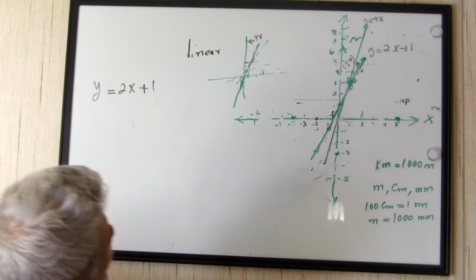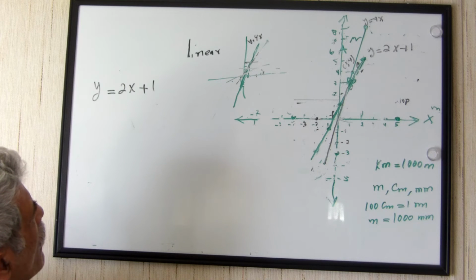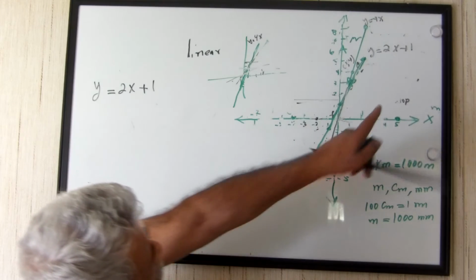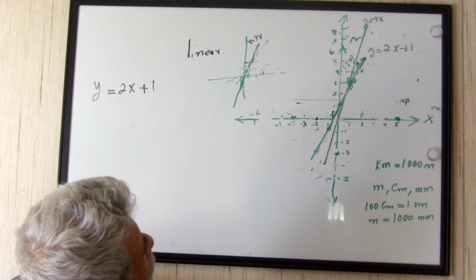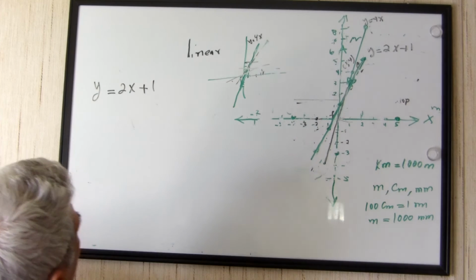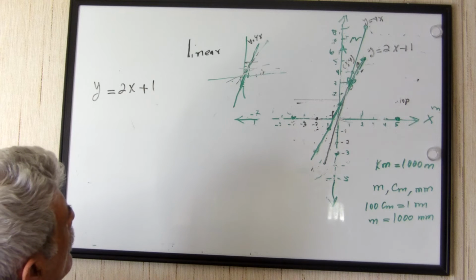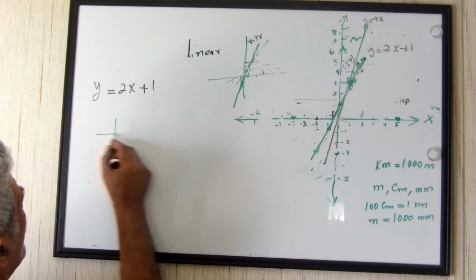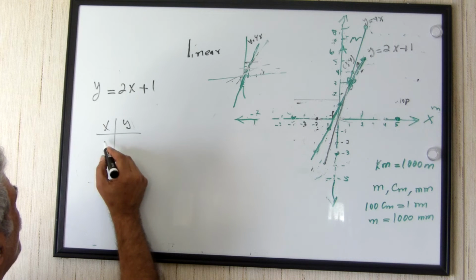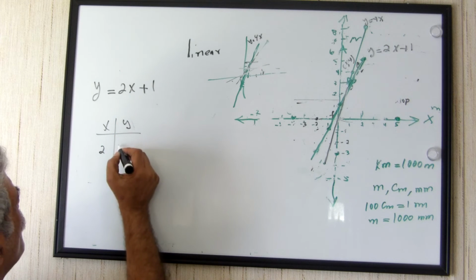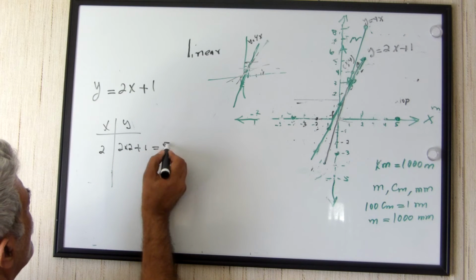So take a look at it. When we give a value to x, it's going to be twice as much, and then plus 1. If we give x as 2, it is 2 times 2 plus 1, which is equal to 5.